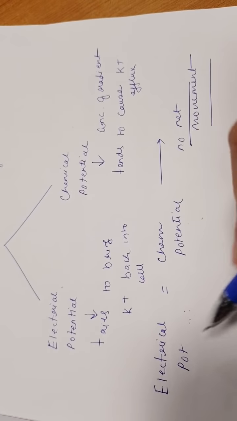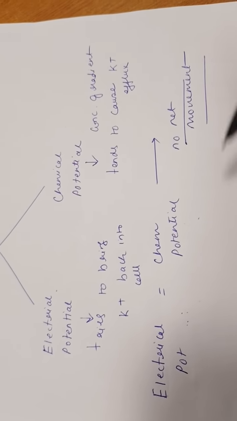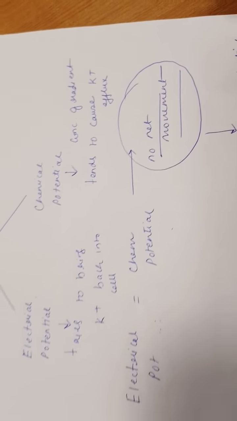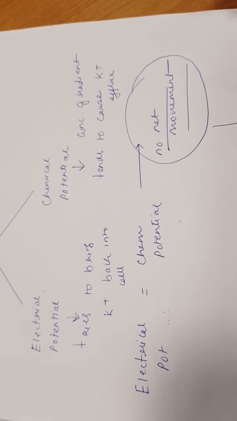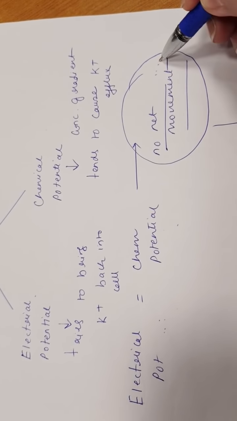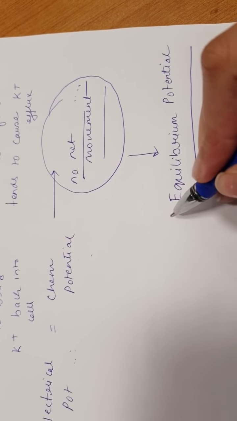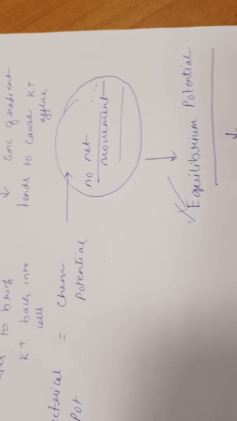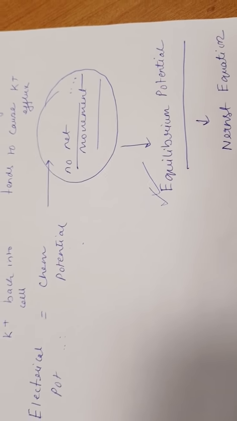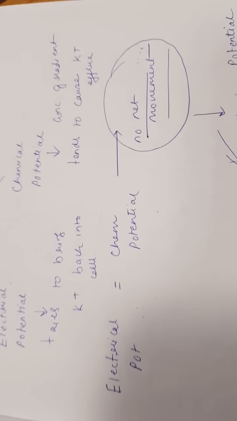So these forces are balanced. The outward force and the inward force are both balanced, so we get no net movement of the potassium. This is known as the equilibrium potential or the diffusion potential, and this equilibrium potential can be calculated by the Nernst equation. Recap what is happening.